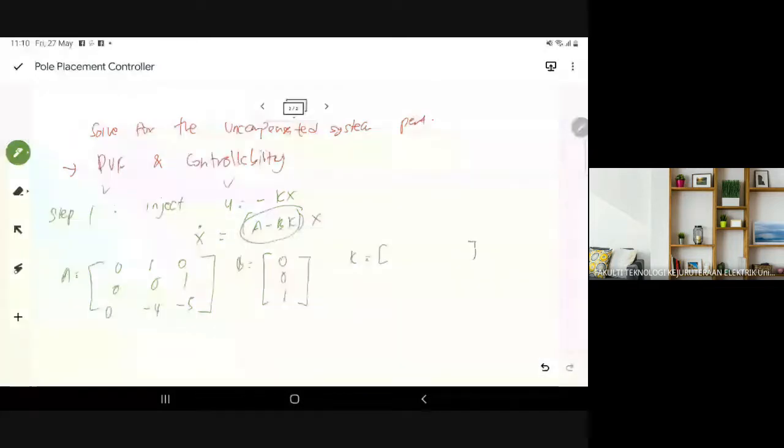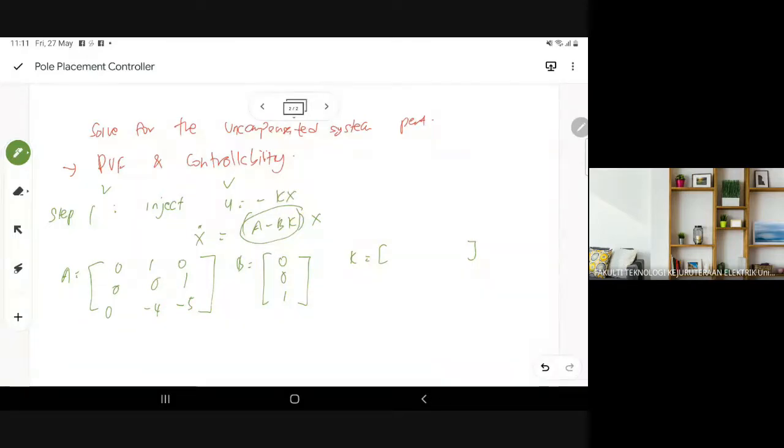What is our K matrix? Anyone? How many K do we need to use?